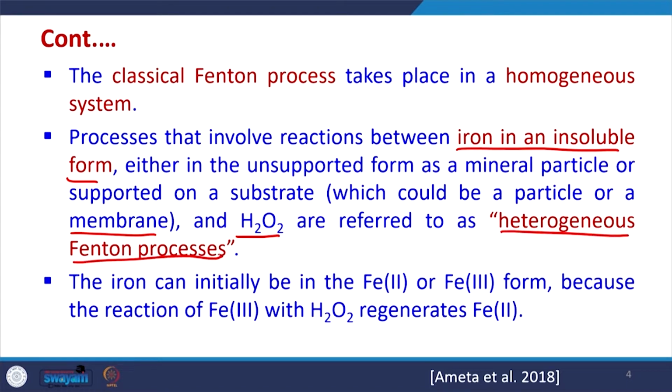The iron can be initially in the form of Fe2+ or Fe3+, because the reaction of Fe3+ with H2O2 will still generate Fe2+. So, the iron may be in any of these forms.